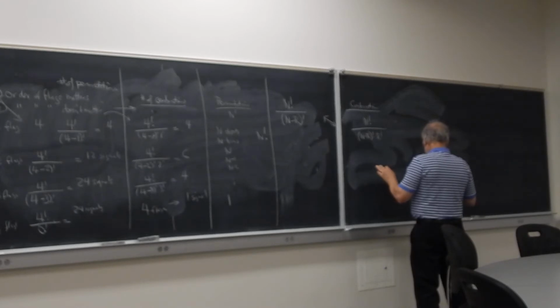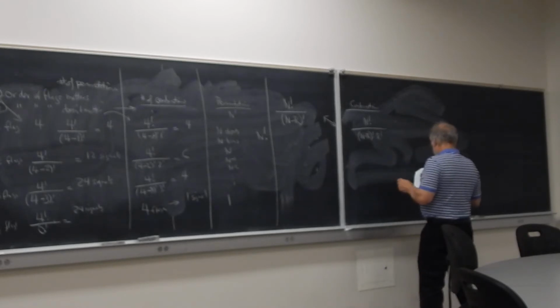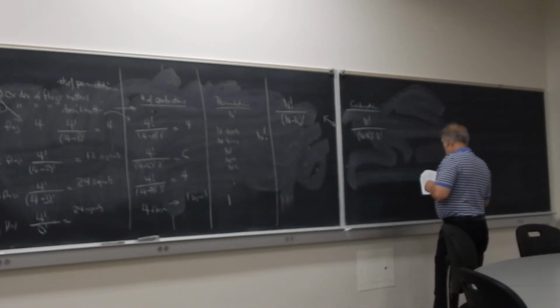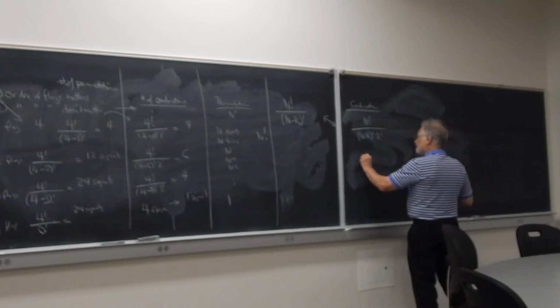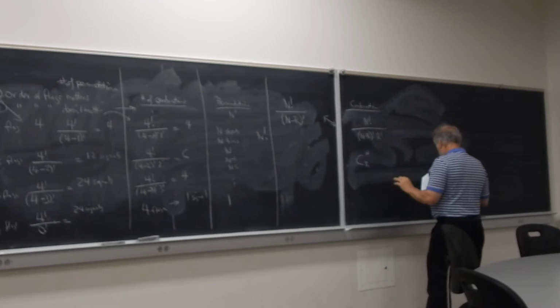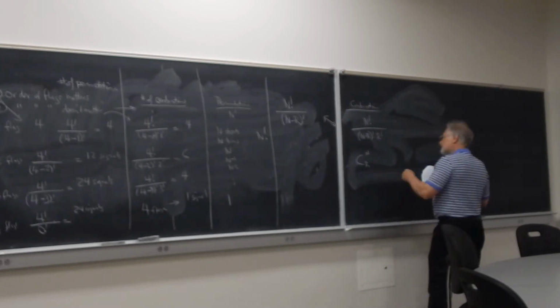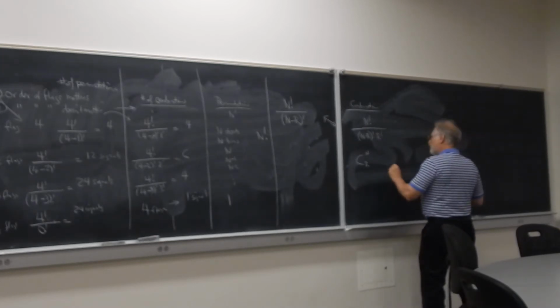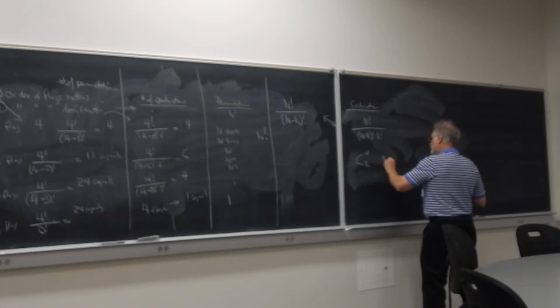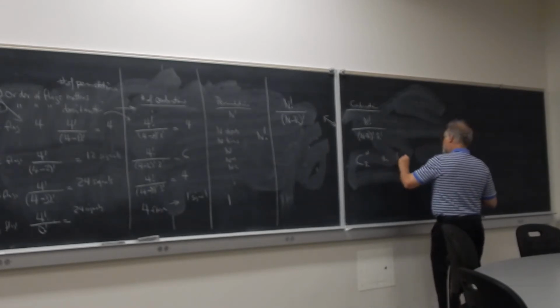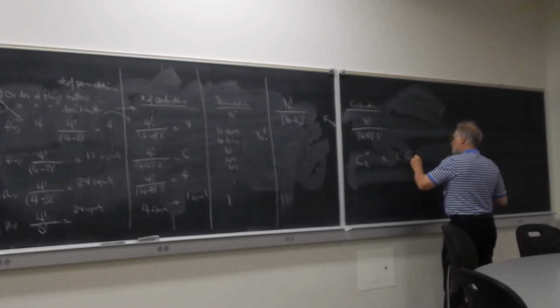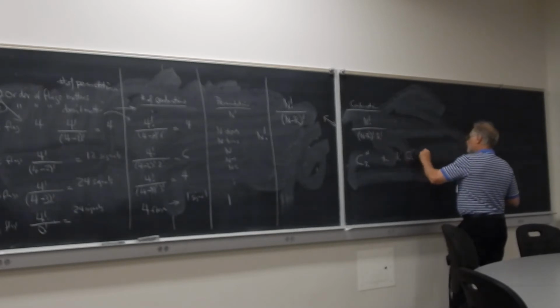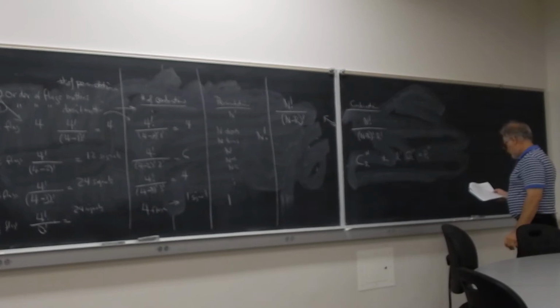So what I can say is r distinct objects have r factorial permutations, and if I say C(n, r) is the number of combinations of n distinct objects taken r at a time, then r factorial times C(n, r) will give me the number of permutations.